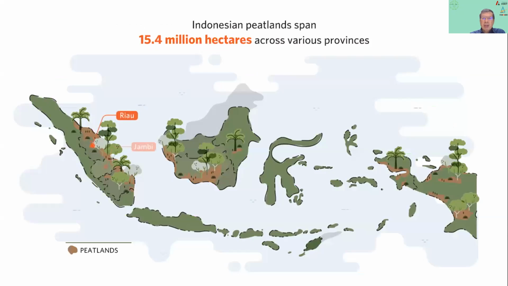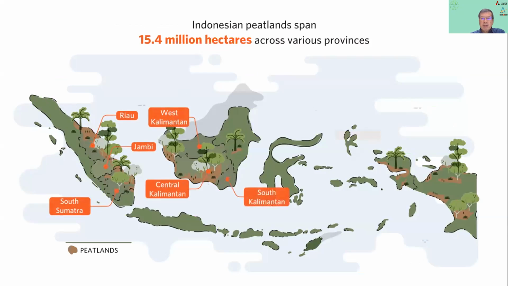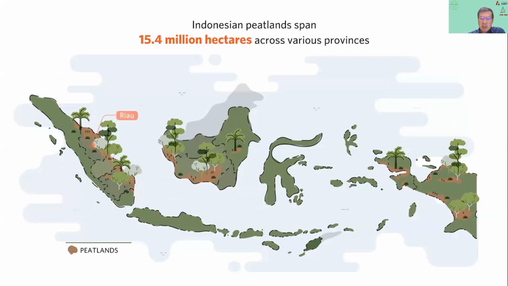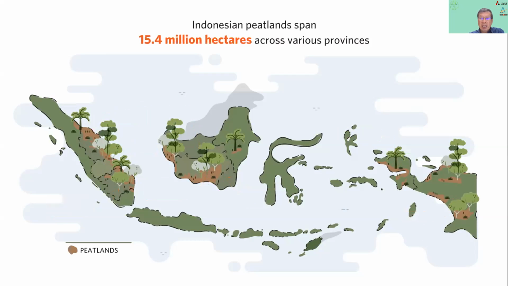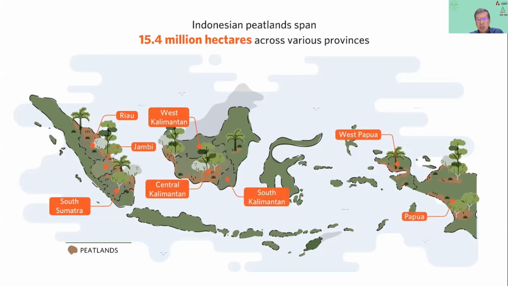So moving on then, specifically in the Indonesian archipelago, coming back to the region that I reside in, Southeast Asia, we can see there are huge peatland resources, as much as 15.4 million hectares across various provinces. As you know, Indonesia is the land of many islands.